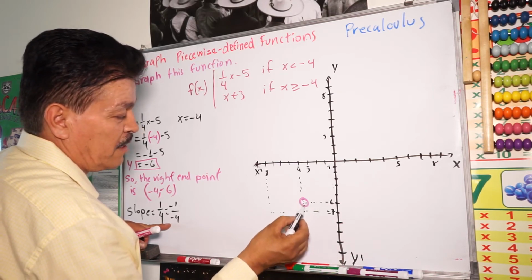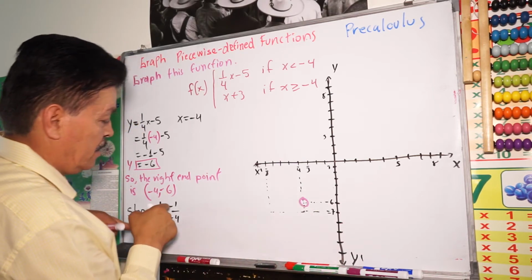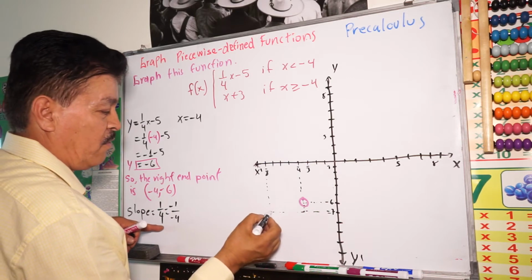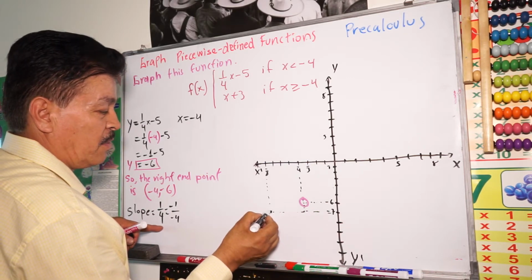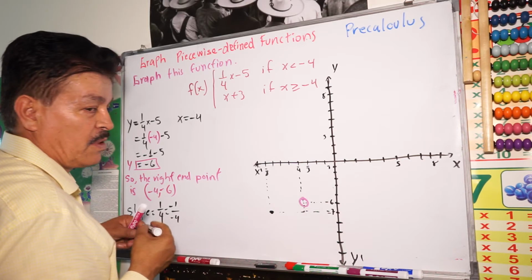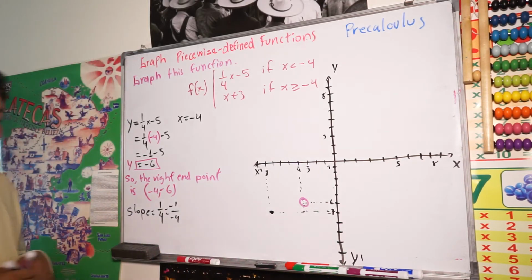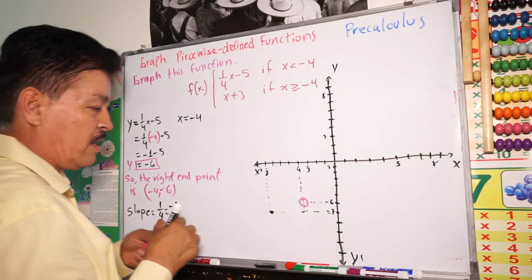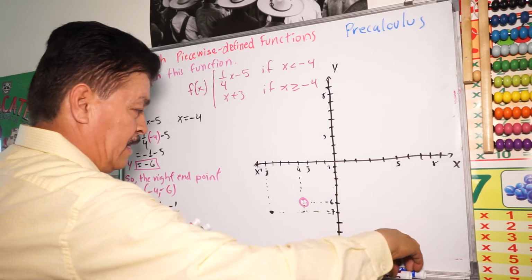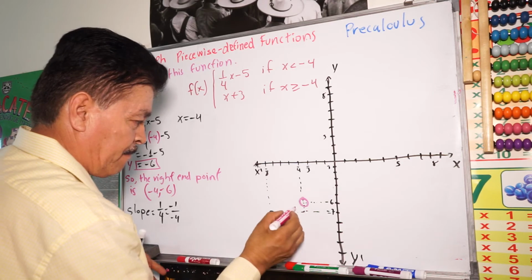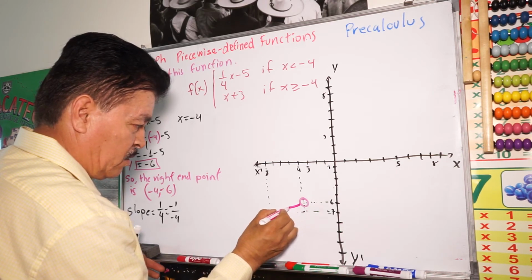So we move down 1, see, negative 1, and then to the left 4. So you find the other point. Then make the graph. You drag the graph right here, and it's going to be like this, going this way.